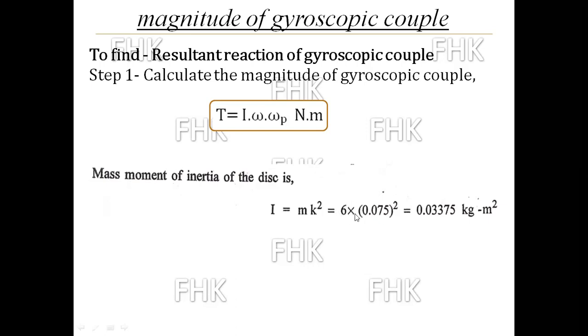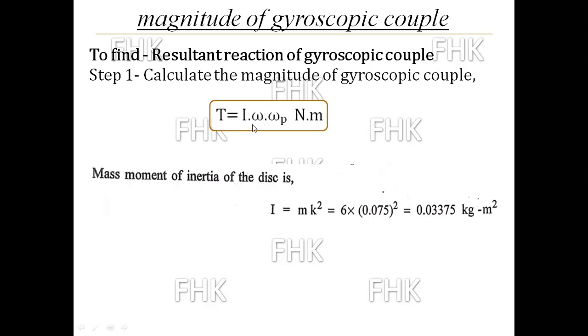Solving the equation, I am getting the value of I, the mass moment of inertia, as 0.03375 kg meter square. Kg is the mass of the disc and radius of gyration is in meter. So the value of I is 0.03375 kg meter square.